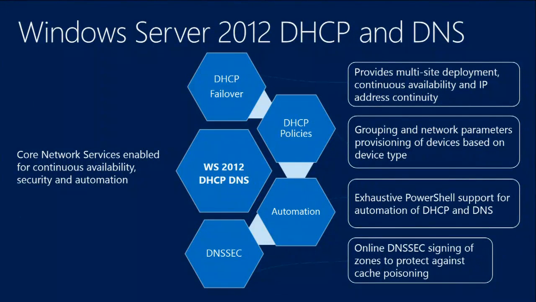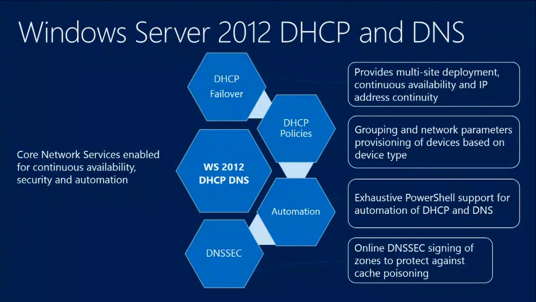Now, the other big area of focus was PowerShell and networking, and this was all across networking. In DNS and DHCP servers, we have provided almost complete PowerShell support. Both DHCP as well as DNS have 100+ cmdlets which shipped as part of Windows Server 2012, which enables complete automation of your DNS and DHCP server management and monitoring. The last block that you see there is DNSSEC.